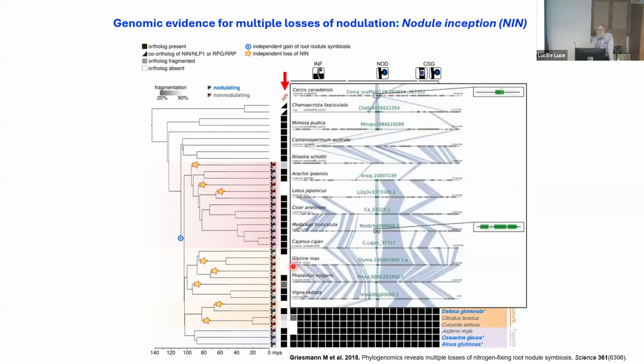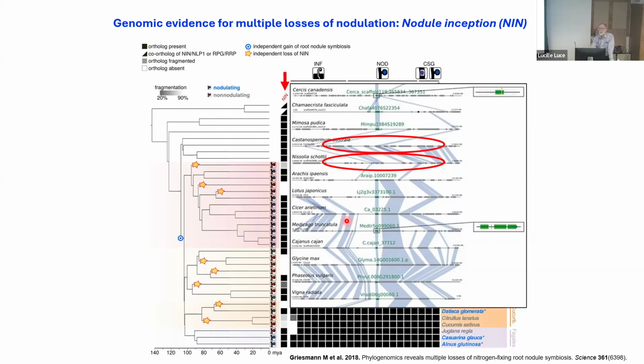And so here's, again, what things look like in the genomes. You've got in legumes, Vigna, Phaseolus, soybean, pigeon pea, chickpea, things like that have all got a functional copy of NIN. Nissolia, shown here, is a legume that has clearly lost the ability to nodulate, and it is lacking NIN entirely. So a good correlation between a known loss and the absence of NIN.